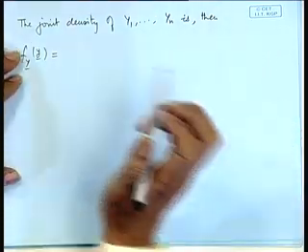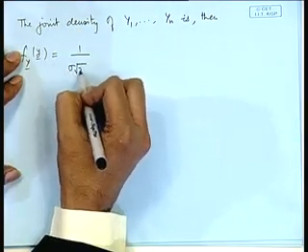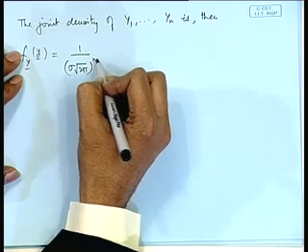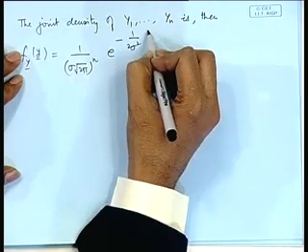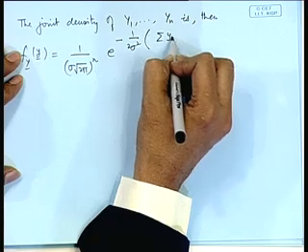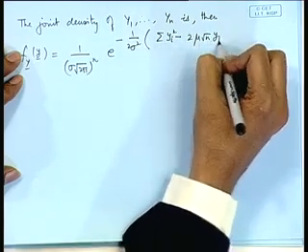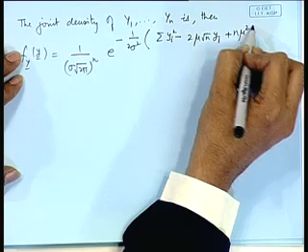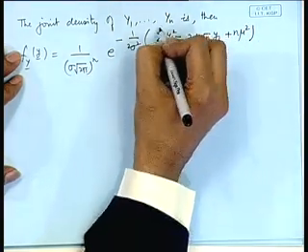So, we get the transformed density as 1 by sigma root 2 pi to the power n, e to the power minus 1 by 2 sigma square, sigma yi square minus 2 mu root n y1 plus n mu square, where i is equal to 1 to n.